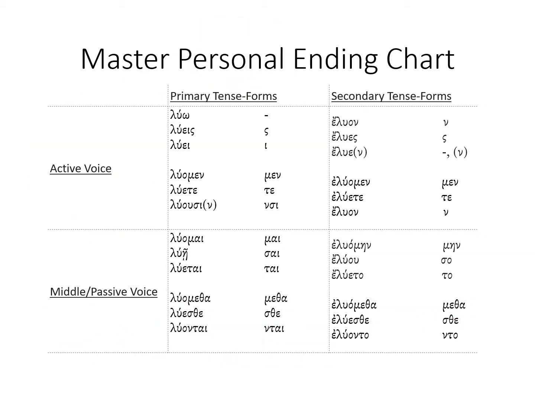Our personal endings then, again, the primary and the secondary are distinguished because the secondary are considered for past time, and the primary are a different nuance of time.